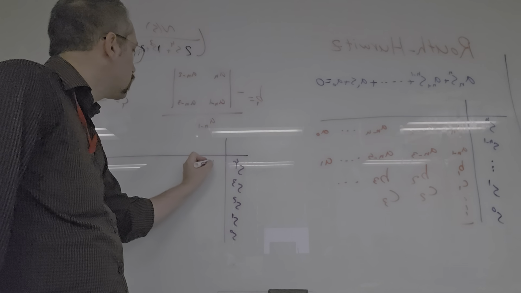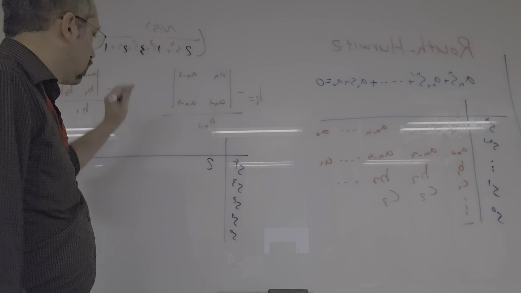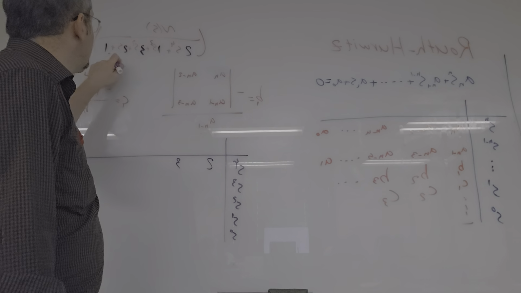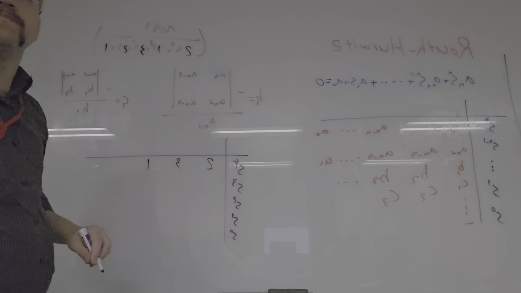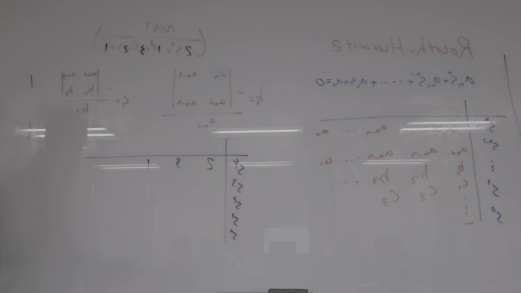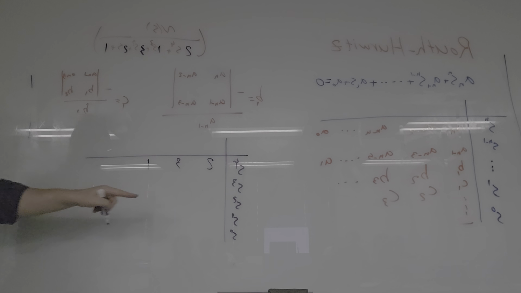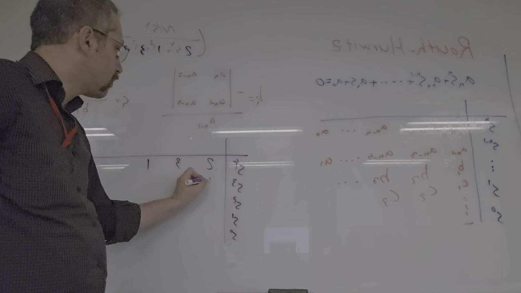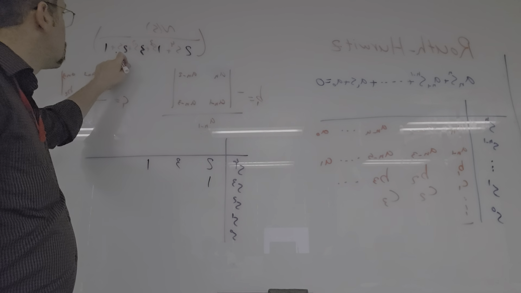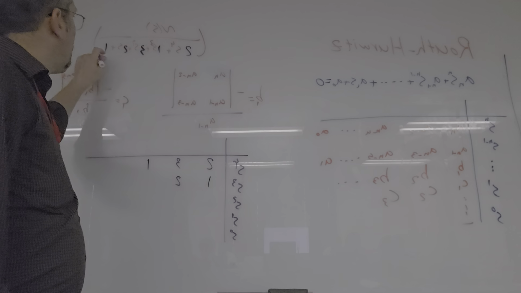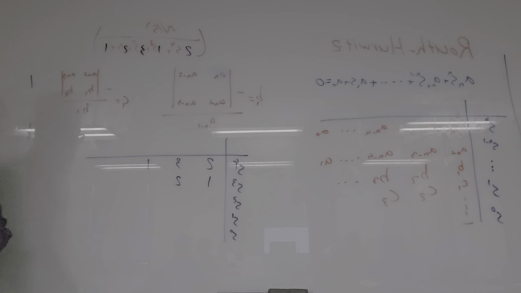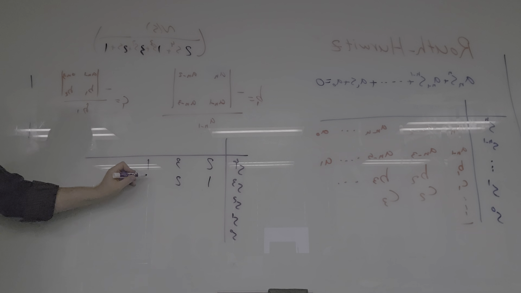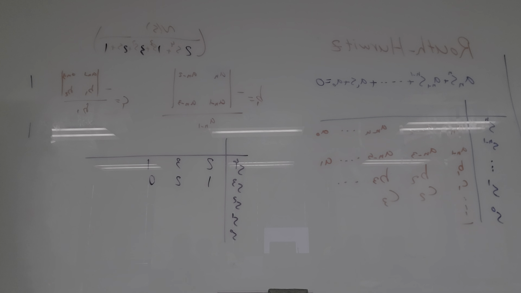So it's going to be 2, we skip this one, 3, we skip this one, 1. Next row, we do that for S3. It's going to be 1, we skip this one, 2, and then we don't have any number, so we simply put 0.